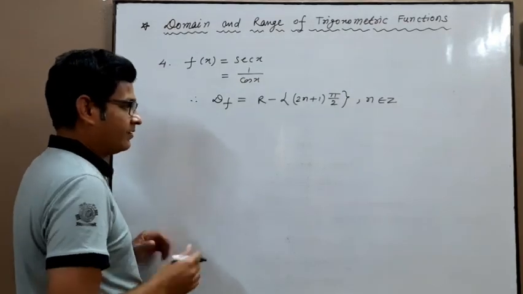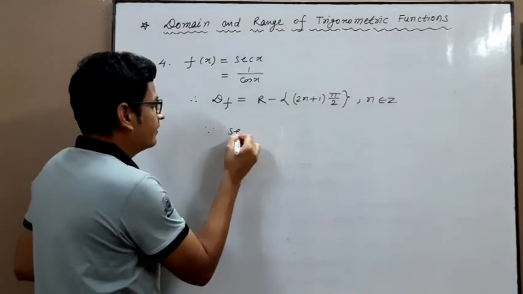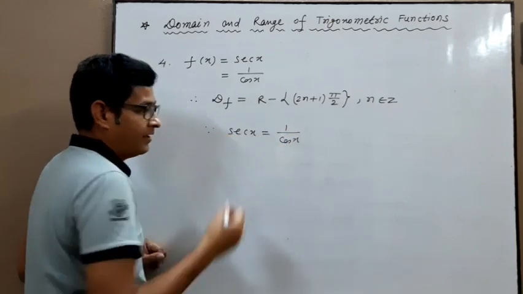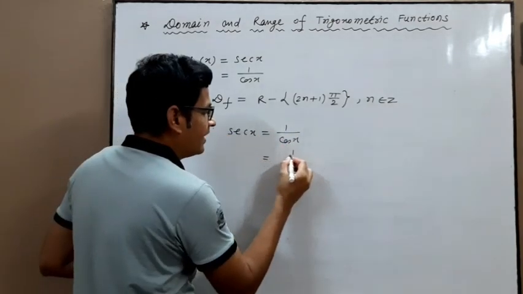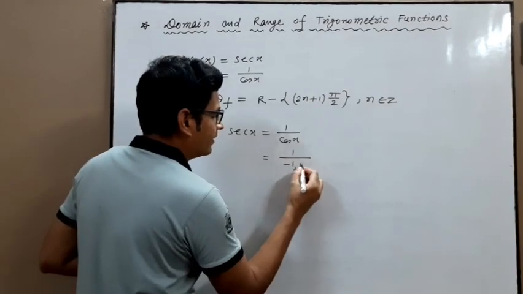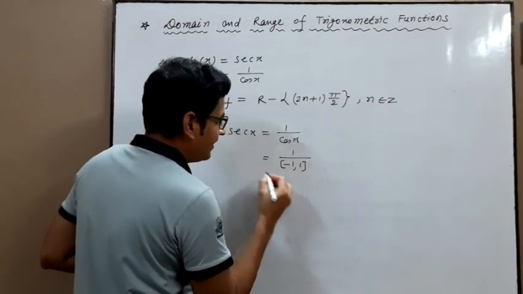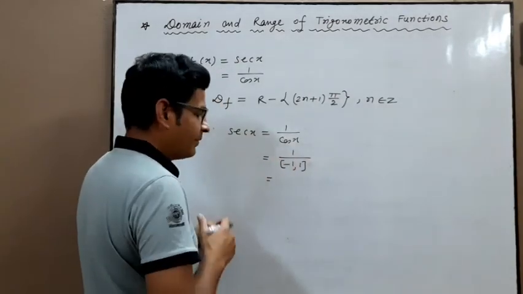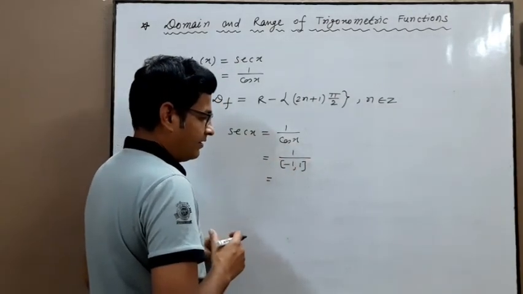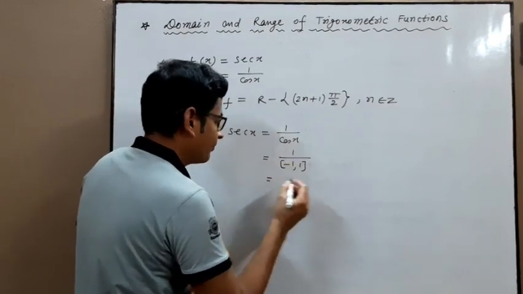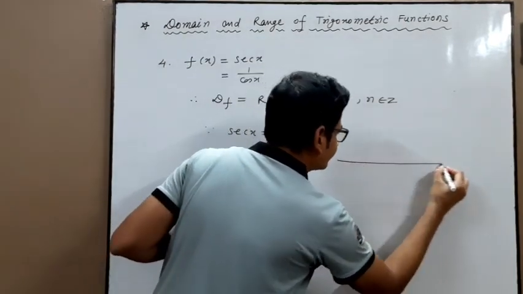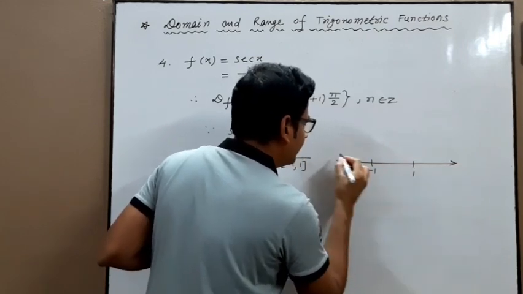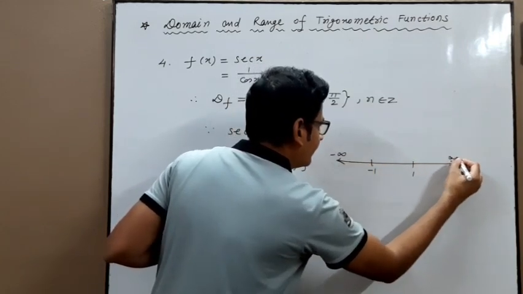Now the range of f. We all know sec x is equal to 1 upon cos x and the value of cos x lies between minus 1 and 1. If you take any number between minus 1 and 1 and write the reciprocal of that number, just see the number line: minus 1, 1, minus infinity, infinity.